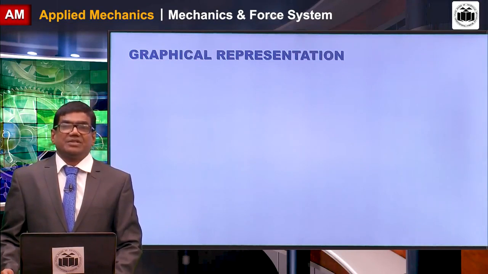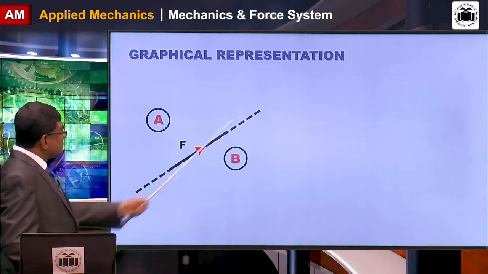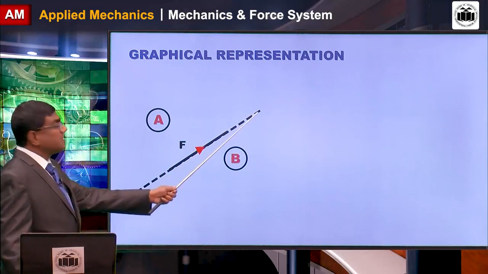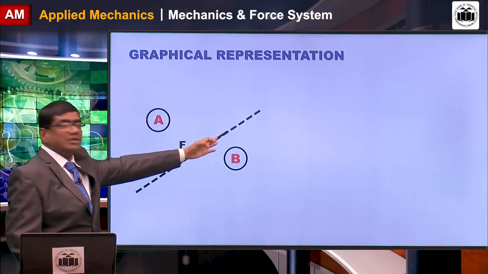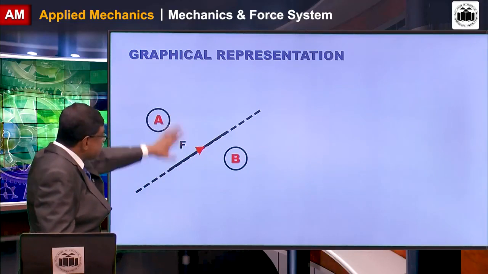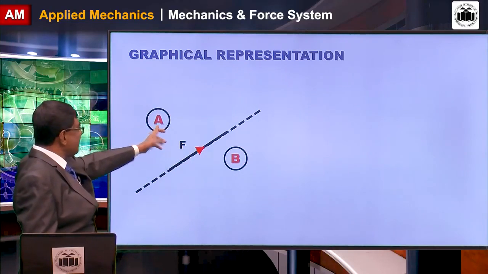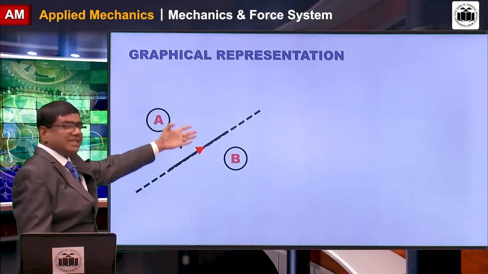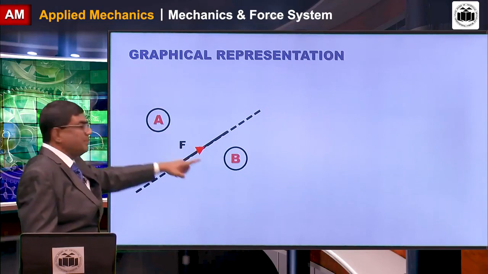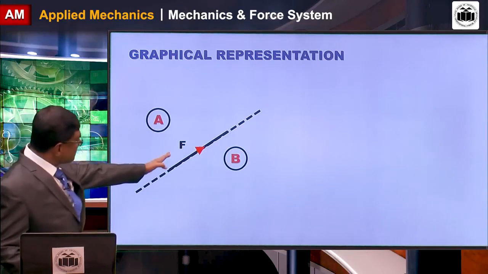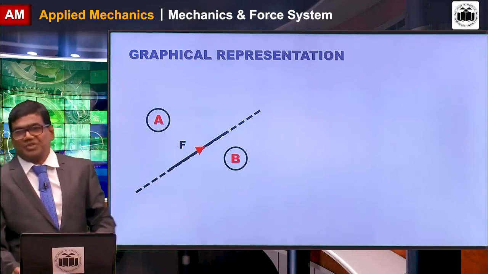Now see here, suppose a force F, and this dotted line along with the arrow is the line of action of the force. The space is divided into 2 parts, up and down. The upper is A and the lower is B. So these spaces divided by the force line are denoted by the alphabets A and B. So the force F is called force AB. These are the Bose notations.